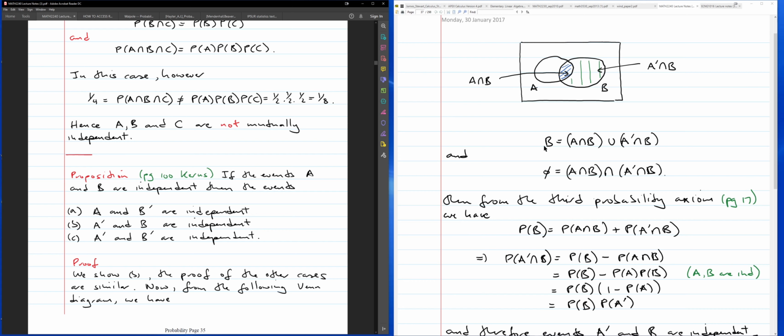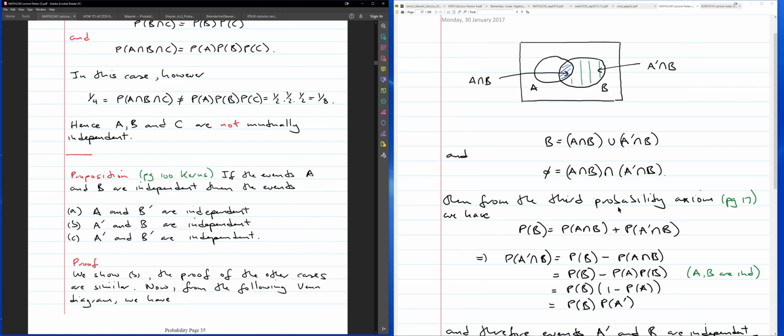Now that the union on the right hand side is disjoint, I take the probability of both sides. So probability of B is equal to probability of this union. But these sets are disjoint, so the probability of the union is the sum of the probabilities.